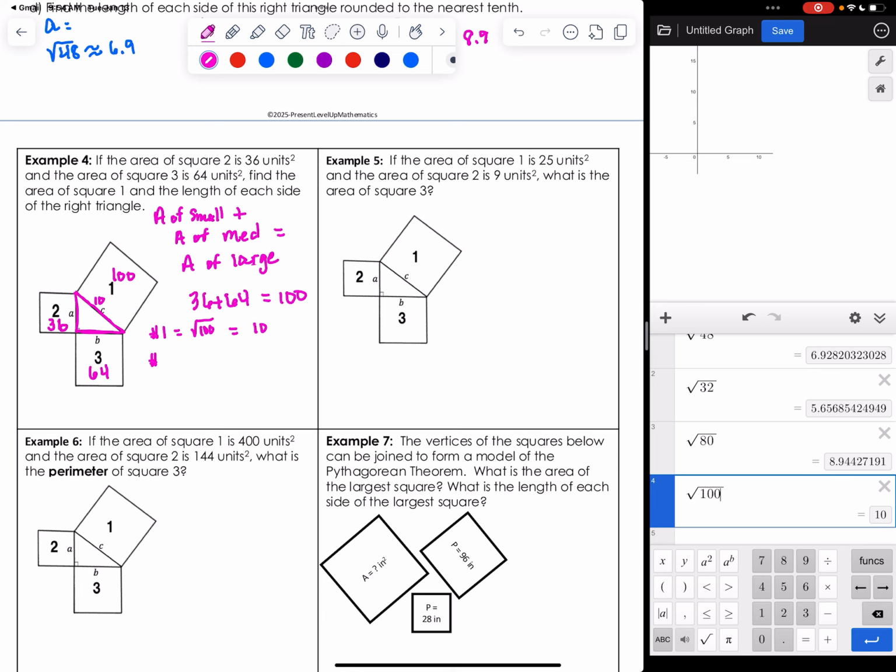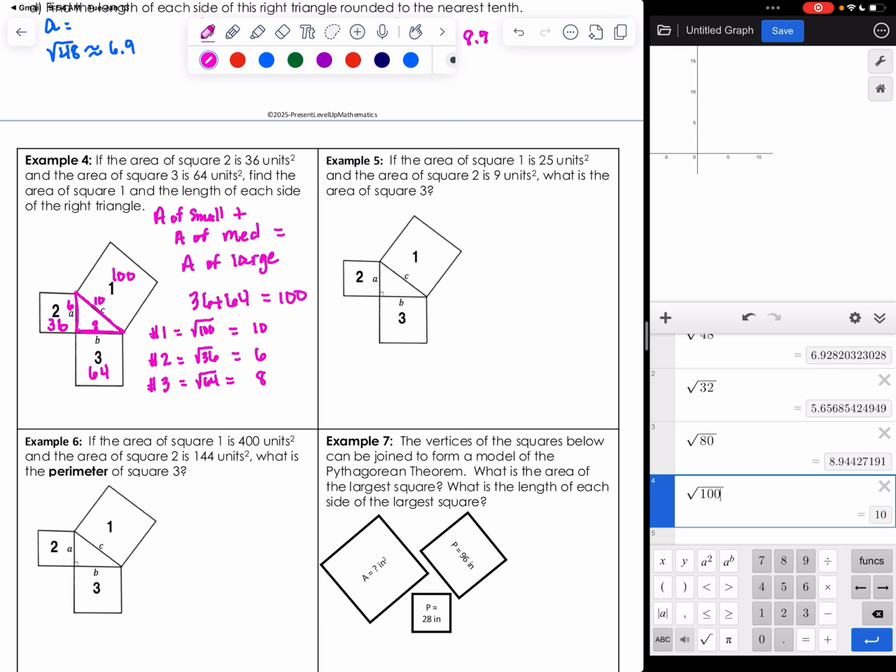Now the area of square 2 is 36, so the square root of 36 is 6 units. So this leg is 6 units. And the area of square 3 is 64, so the square root of 64 gives me 8 units. So our legs are 6 units and 8 units, and our hypotenuse is 10 units.